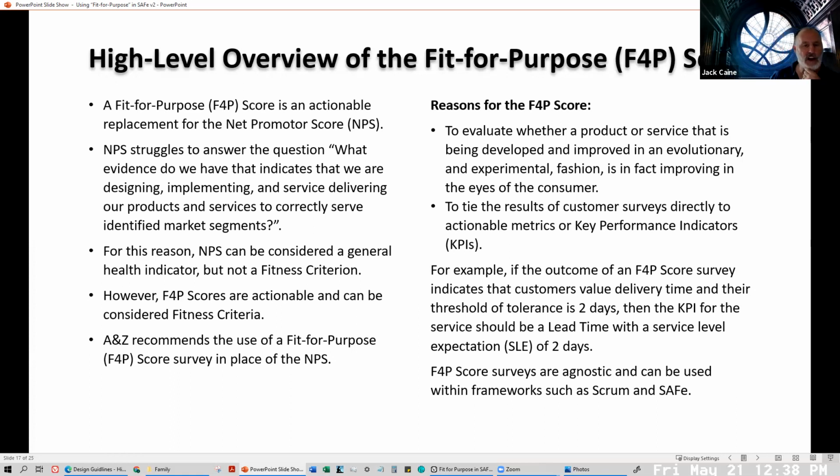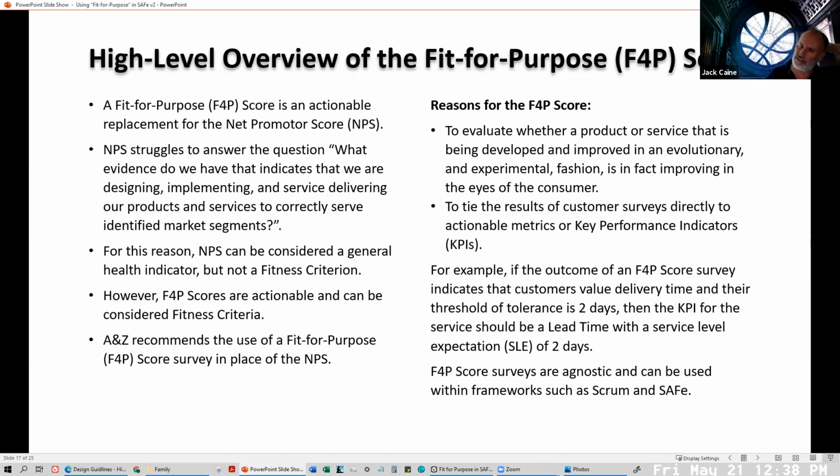So Anderson and Zheglov recommend the use of fit-for-purpose score surveys in place of NPS, to evaluate whether a product or service that is being developed and improved in an evolutionary and experimental fashion is in fact improving in the eyes of the customer. That's the number one reason why we do the F4P survey.